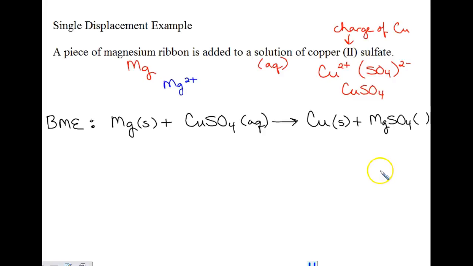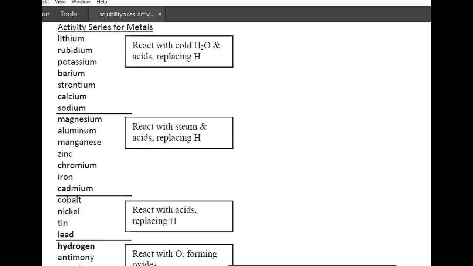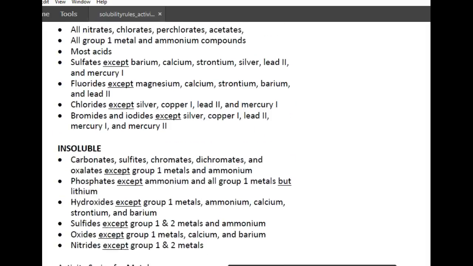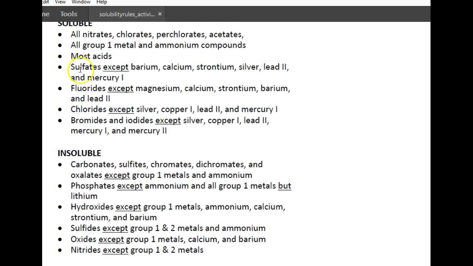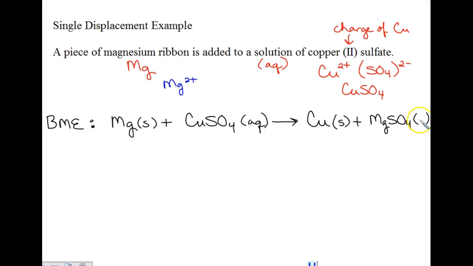The question is, is it going to remain in solution or will it not? So now we have to go back to the solubility rules. And sulfates are listed under soluble. There's some exceptions, but magnesium is not listed as an exception. So magnesium sulfate is soluble, so it will be in the aqueous state. And this equation is actually balanced as written.